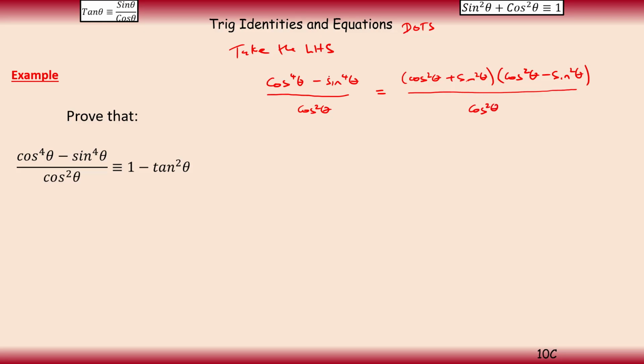We can factorize the top because we've got a difference of 2 squares, and remember, because we've got a positive and a negative, it cancels out the middle term, which is why we end up with cos to the power of 4 minus sine to the power of 4. Right, I know something about cos squared theta plus sine squared theta being equal to 1. So that's just 1 times that, which leaves me with cos squared theta minus sine squared theta. I need to complete my thetas actually. Okay, that's a bit better.